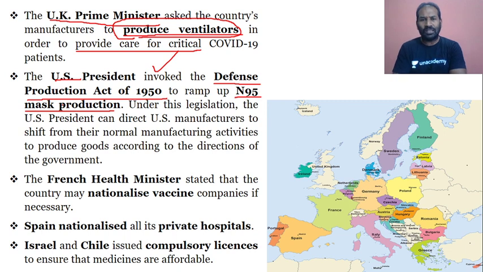The US hasn't taken stricter measures of social distancing, and now the spread of the virus has gone so bad that the US is short of N95 masks. So the US President has invoked the Defense Production Act 1950. This is again very important from the prelims point of view.